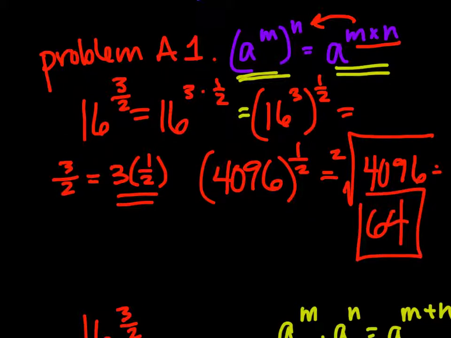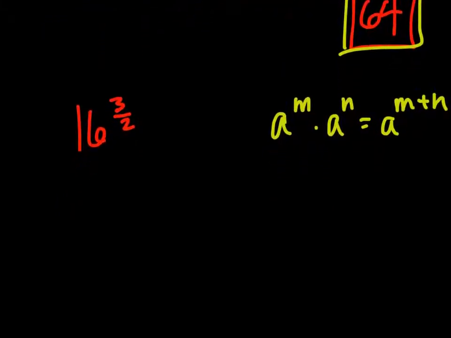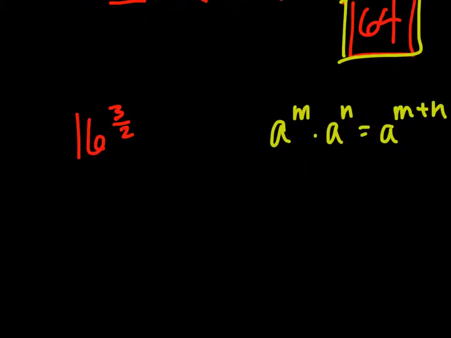Let's try another method of this same problem and see if we get the same answer. So using a couple of different methods, see if we can get the same answer. Here is our next one. We have 16 to the 3 halves, and this time we're going to use the method where we are essentially adding exponents.